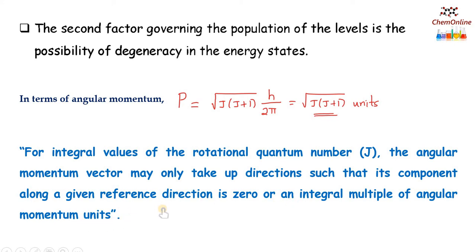That means for a given value of j, the angular momentum vector can have only certain values, either 0 or an integral multiple of the angular momentum units.